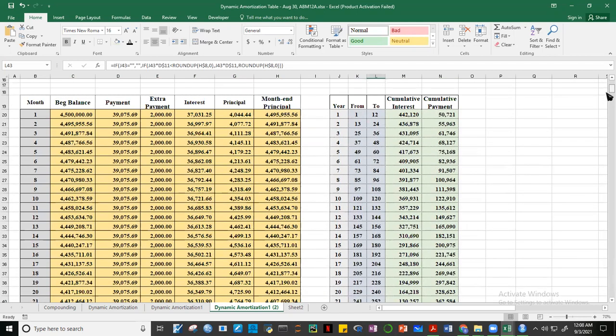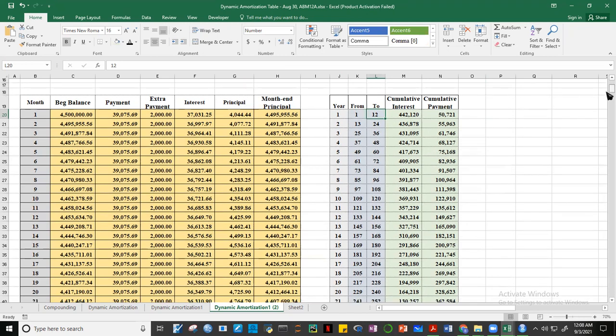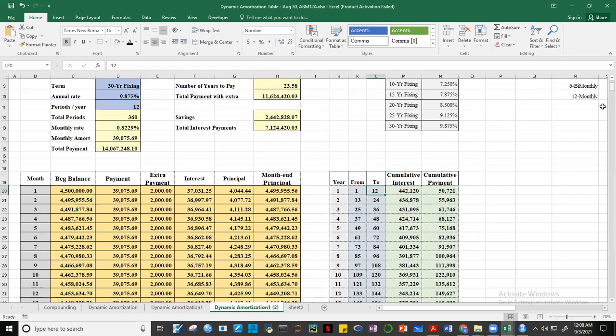Okay, let's do this. So for year 1, syempre, it's month 1 lang hanggang month 12. Wala nang pagbabago yun, 1 to 12 lang talaga siya. And our cumulative interest, ang formula natin dyan is this one.